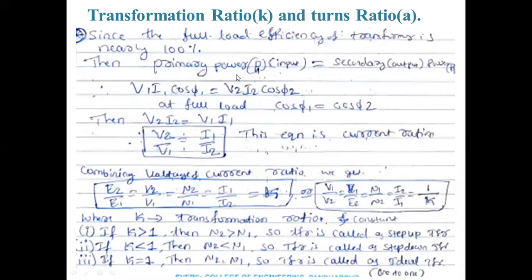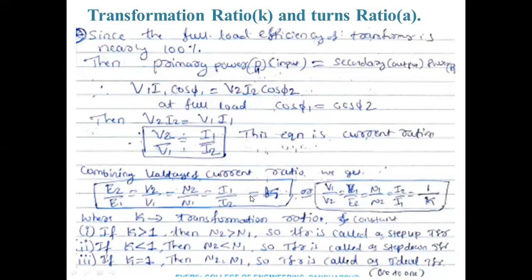Then the primary power. What is the formula for power? Product of voltage and current, with power factor also. Here cos phi will become 1 for both places. In the primary, voltage and current are there. The primary supply voltage we are giving is V1, and because of that V1, I1 is flowing.